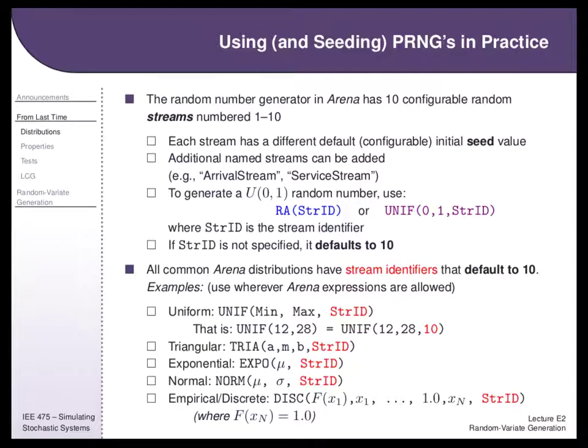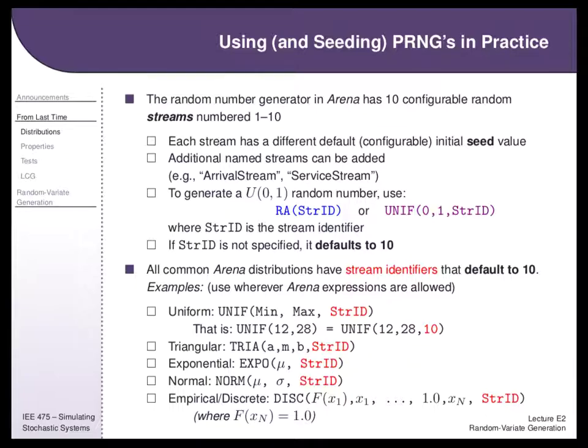And so inside Arena, you've got these expressions, which you have now at least seen a little bit in lab, like unif(0, 1) and tria(a, b, c). All of these random number expressions, which draw random numbers from common distributions, usually take as their first parameters the parameters of the distribution, like the minimum and max.